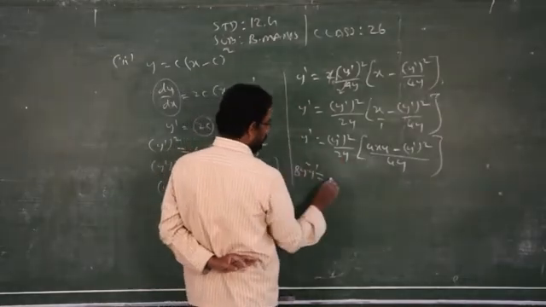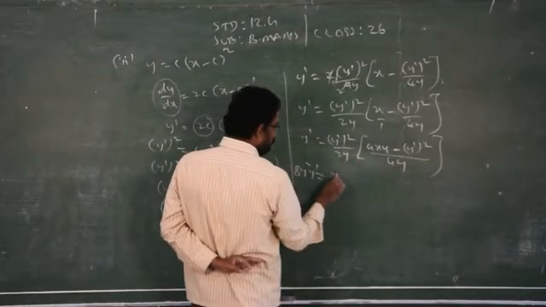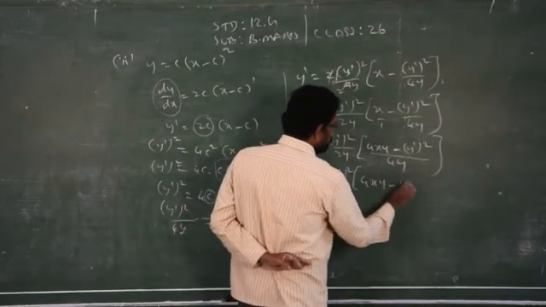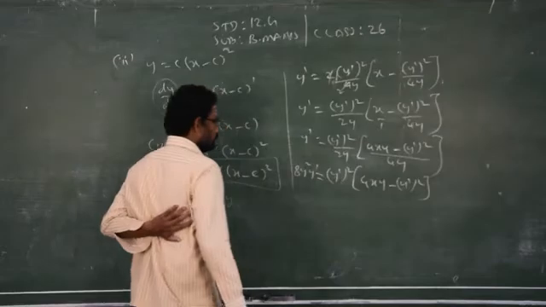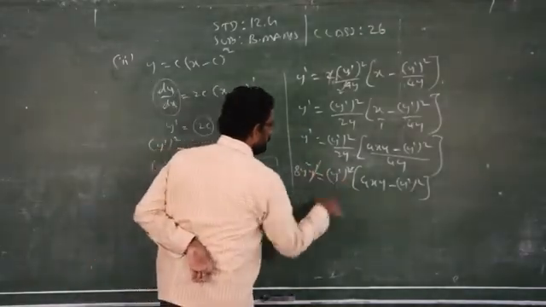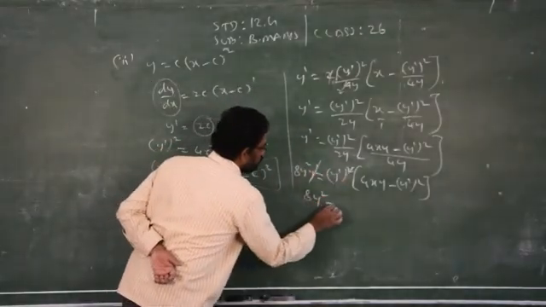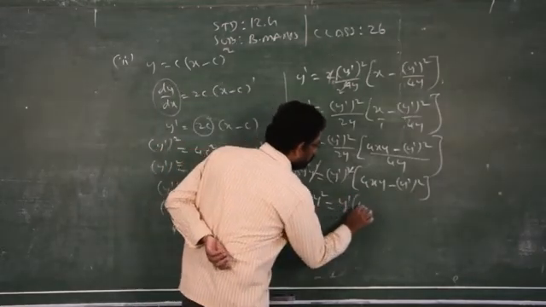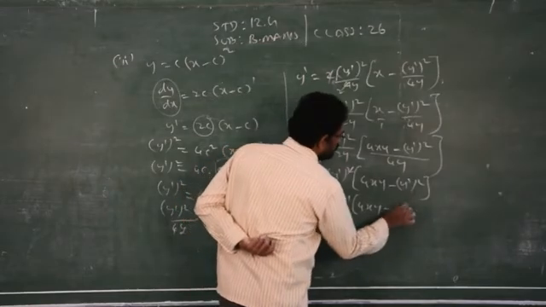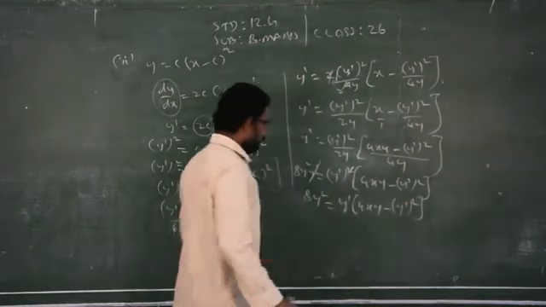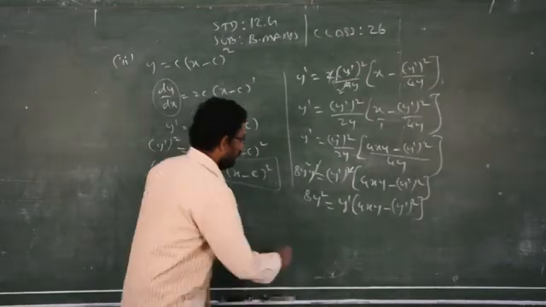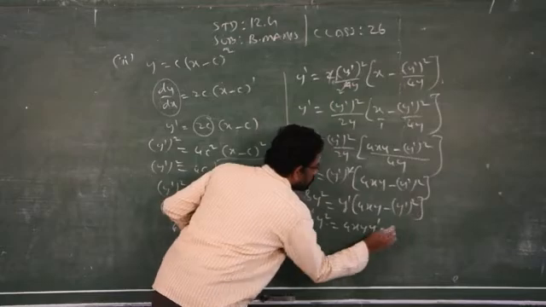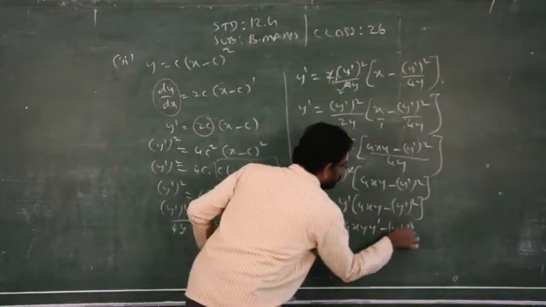I am just cross multiplying this one, then I am taking this y dash the whole square, 4xy minus y dash the whole square. So on both sides y dash we can eliminate. So we will get 8y square is equal to y dash into 4xy minus y dash the whole square. Now you take y dash inside the bracket and you get 8y square is equal to 4xy y dash minus y dash power 3. That's all.